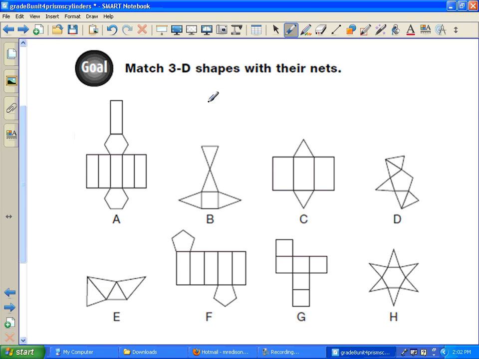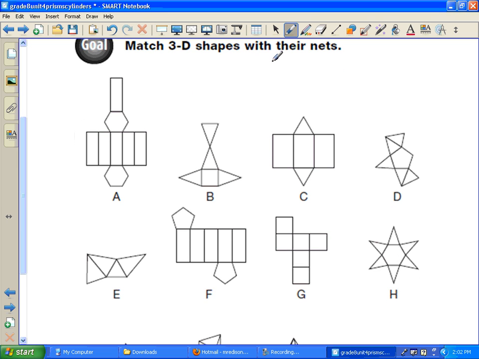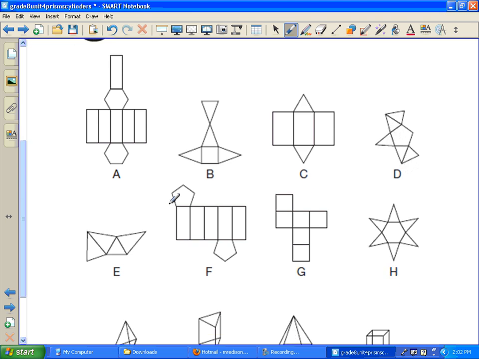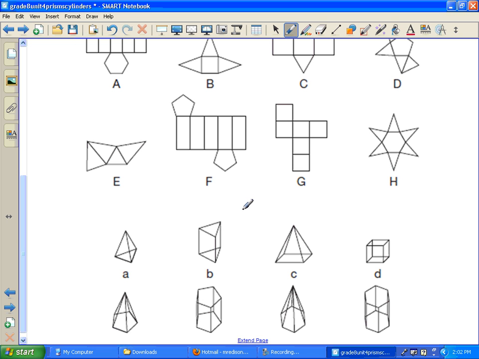So let's look at some of these and see if we can match the 3D shapes with their nets. The easiest way to identify them is to look at what the shape of the base is in most of them. And that'll usually tell you there's a base. There usually will be 2 of them. See, there's 2 of them there. And you can usually tell where the bases are.